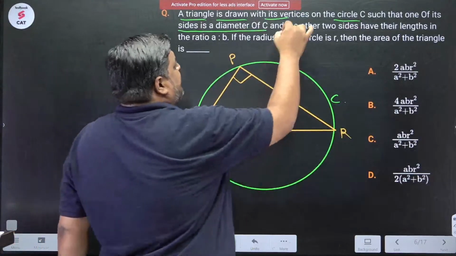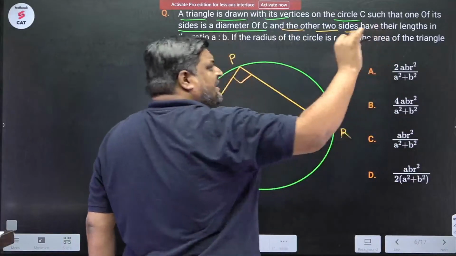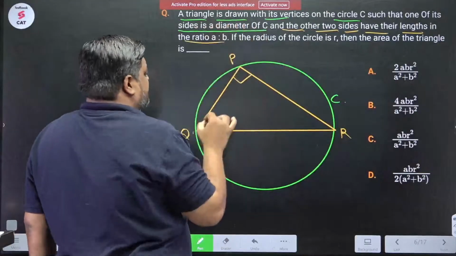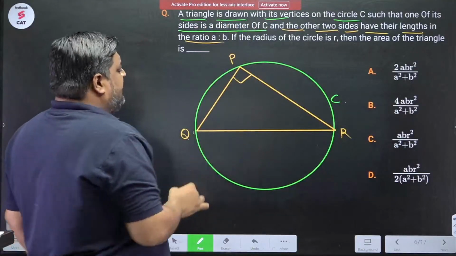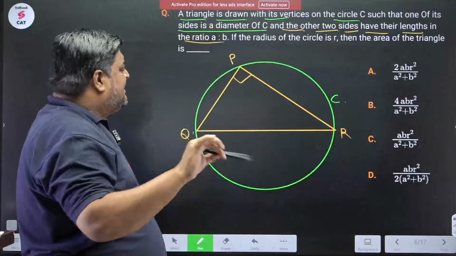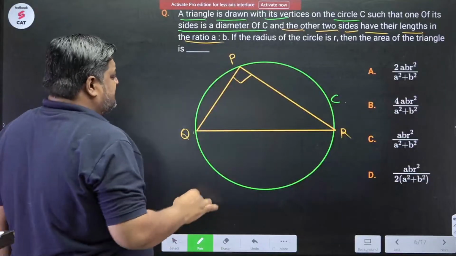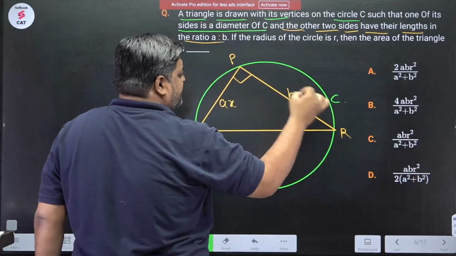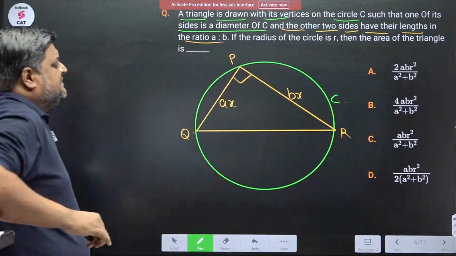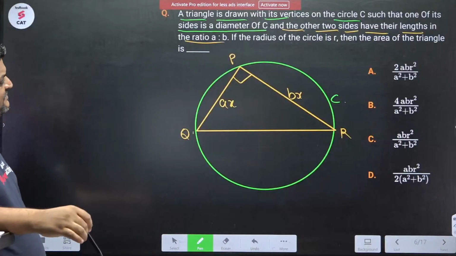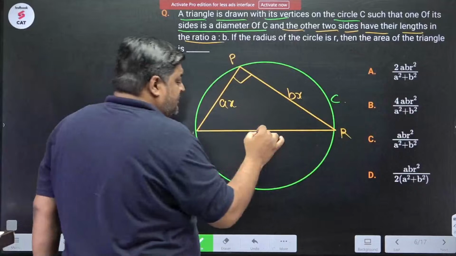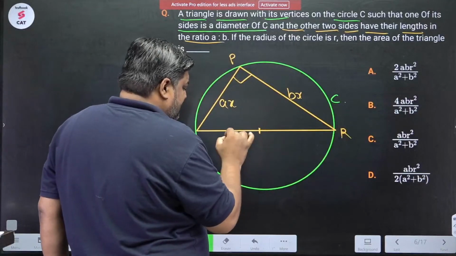The other two sides, other than the diameter, have their lengths in the ratio A is to B. So these two sides PQ and PR are in the ratio A is to B. Let's say AX and BX. This is AX and this is BX. And this QR, let this be the center. This would be radius.